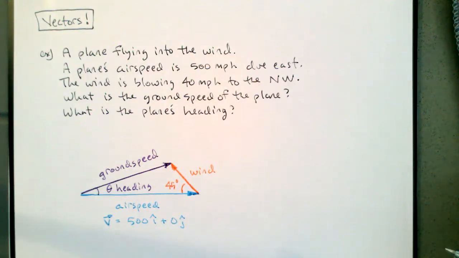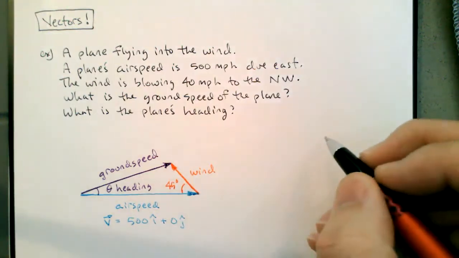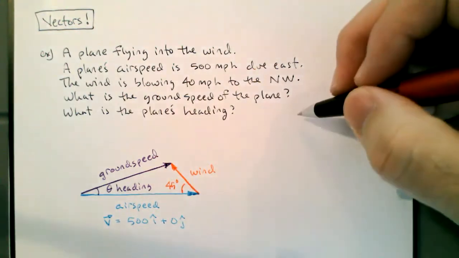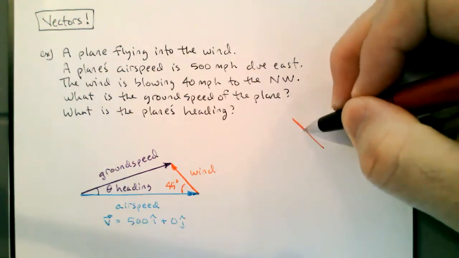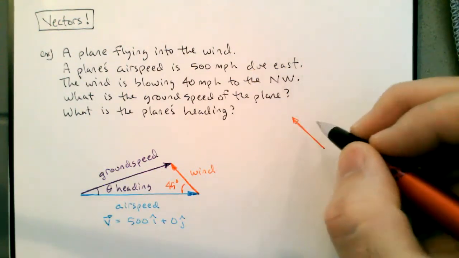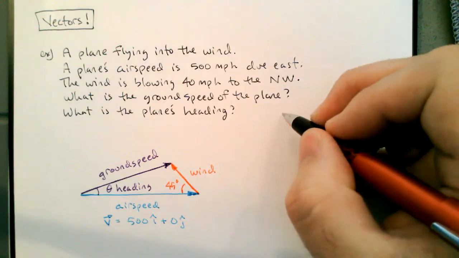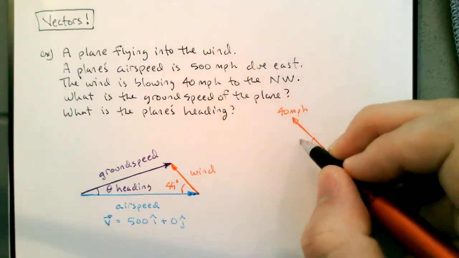We're going to break the wind into its two components, a horizontal component and a vertical component. So we've got this 45-degree angle. If we separate the wind into its two components, I've got a magnitude of 40 miles per hour, and it's at 45 degrees.